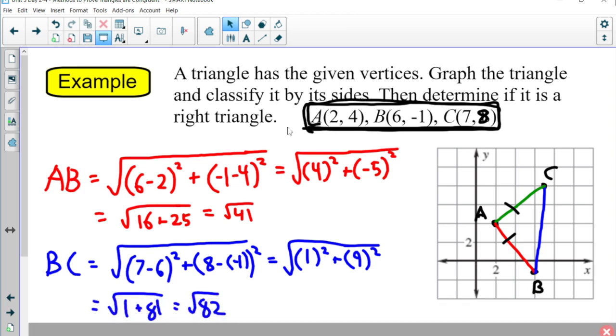So that'll be square root of 82. So far we have square root of 41 and square root of 82. Do we have a match yet? Nope, not yet. But we still have one more distance to go.